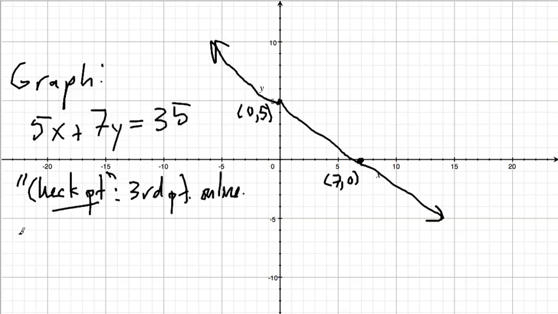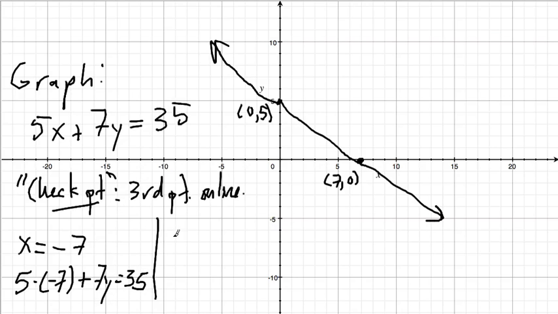Let's just choose any x value which we don't see floating around over here. I've got x is 0, x is 7, so why don't I plug in, say, x is equal to, just for kicks, -7. Well, when I plug that in, I get 5 times -7 plus 7y is equal to 35, which then tells me that -35 plus 7y is equal to 35.